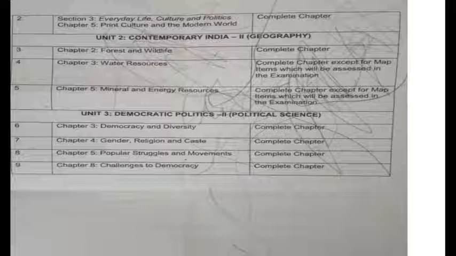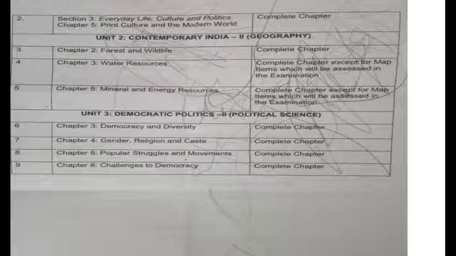From the political science part, democratic politics part 2, chapter number 3, 4, 5 and 8, all these 4 chapters got deleted. Only one chapter we need to complete, that is outcomes of democracy.